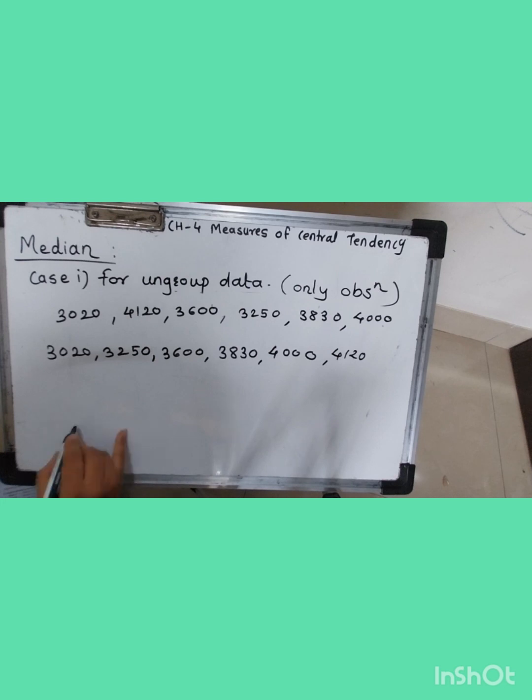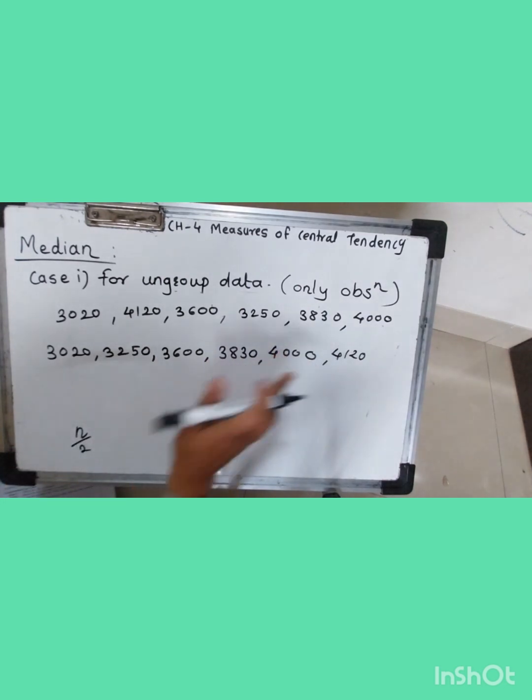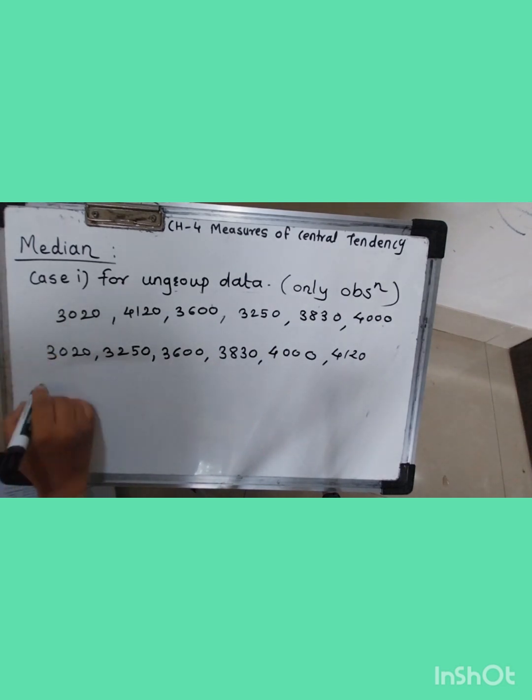What is the formula? N by 2. 1, 2, 3, 4, 5, 6. Small n is 6.